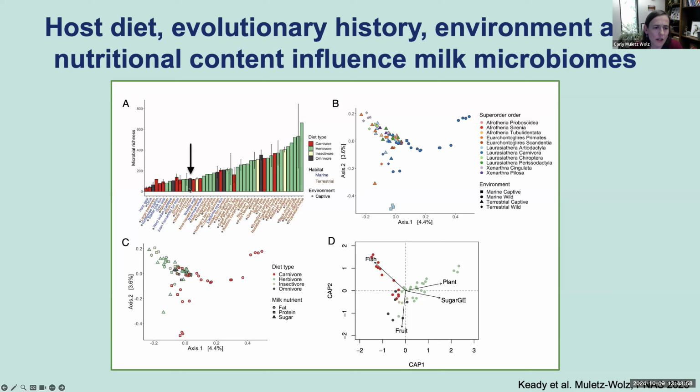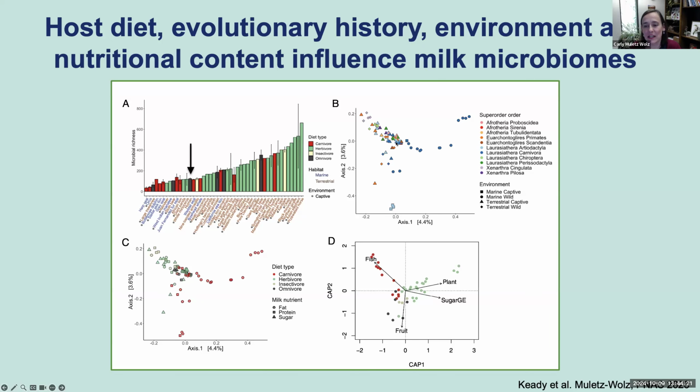I'm highlighting humans here. Humans weren't the lowest in microbial diversity. Primarily marine carnivores certainly have some of the lowest diversity. They also nurse for the shortest period of time. Harp seals, I think, only nurse for a few days, and they have super fatty milk. Just some anecdotal things there.